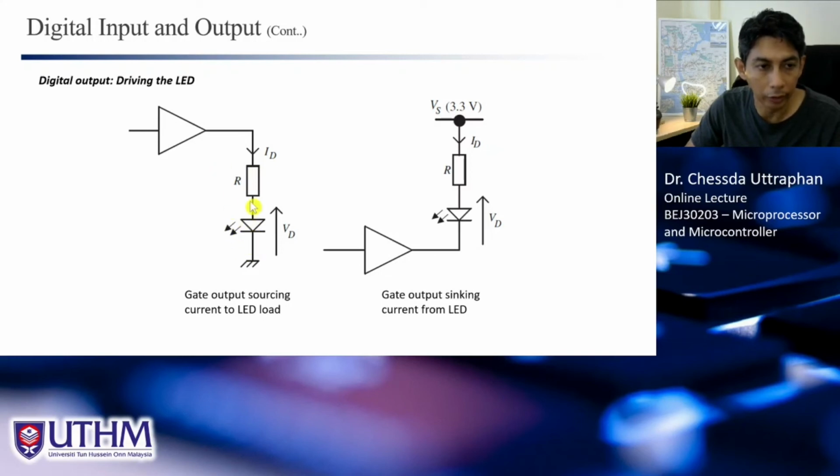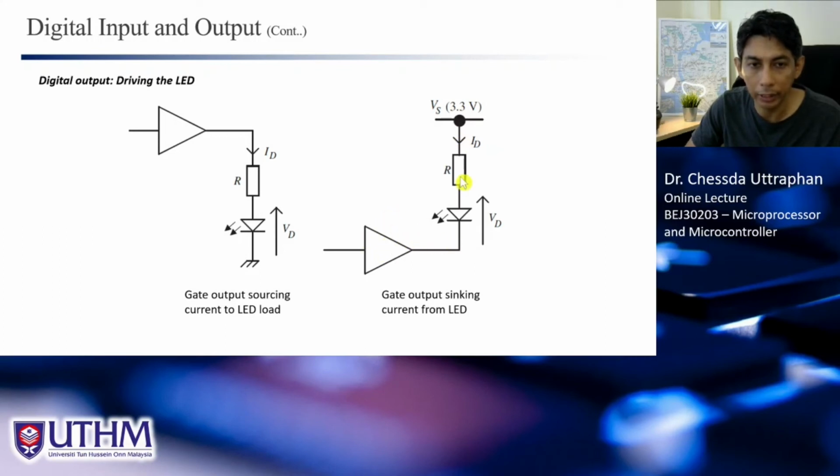So if you connect like this, means that the logic is from the microcontroller, the current is from the microcontroller. Or you can have something like this where you connect the LED to the power supply here, and of course the connection is like this. This is positive, this is negative, and your microcontroller is here. And to turn on your LED, you need to send logic 0 to the output.